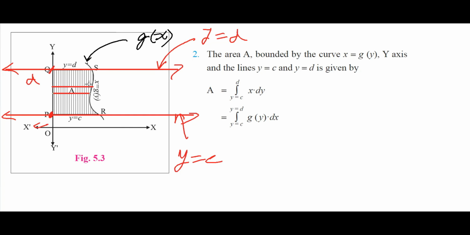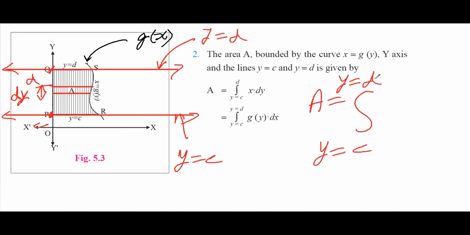What will be this small distance? This small distance will be dy because it is on the y axis. So what will be the area? Area will be the integration from y is equal to c, lower limit, to the upper limit y is equal to d, and this is dy.